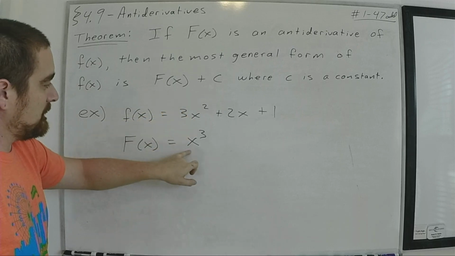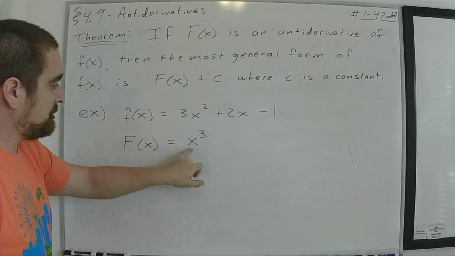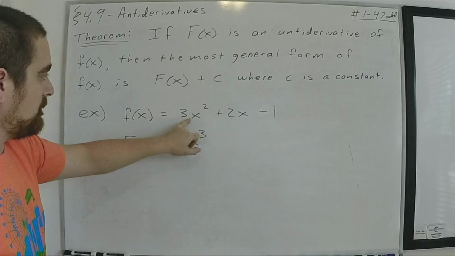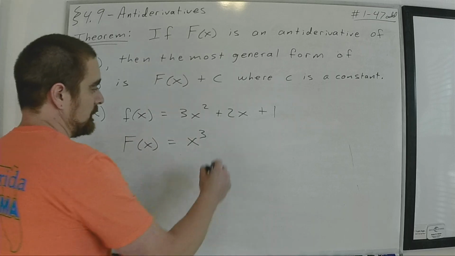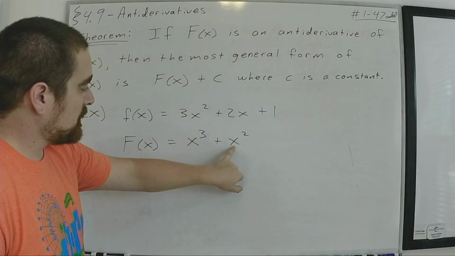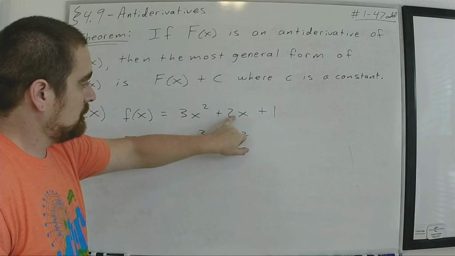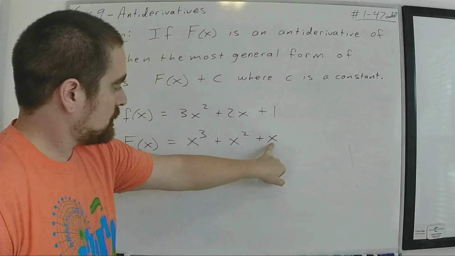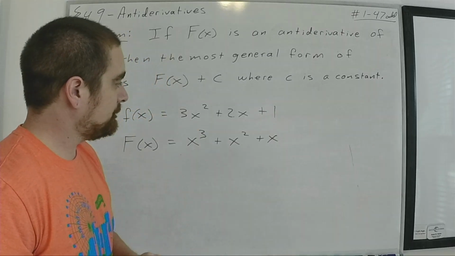Well, x cubed, when I differentiate it, the 3 comes down because of power rule. I reduce 1 from the power. So this is a perfect candidate for getting this when I differentiate. X squared is the perfect antiderivative of just 2x. X would be a perfect candidate such that when I differentiate it, I just get 1.